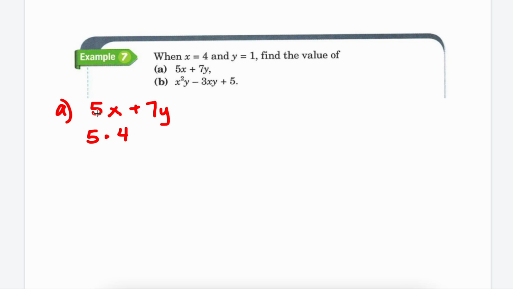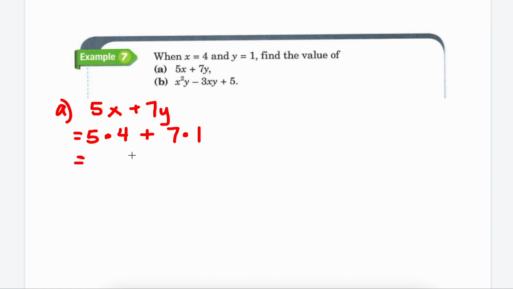So now instead of 5 times x, I'm writing 5 times 4. Remember, this dot can act like multiplication. Okay, then we're going to add it to 7y. 7 is being multiplied by y. Now they tell us that y really equals 1. So now I've replaced all my variables, x and y, with the actual values that they gave me for x and y. Okay, so now I can solve.